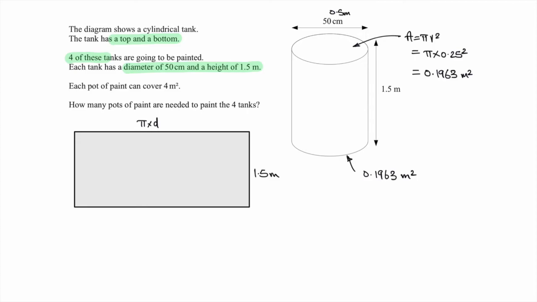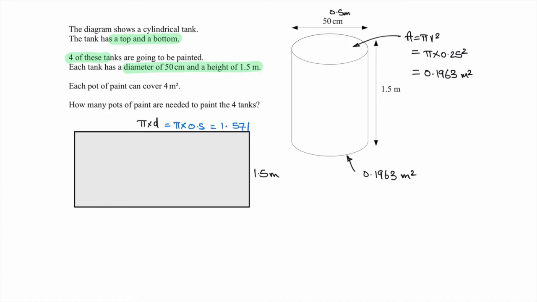So this is going to be pi times 0.5 meters, and I will quickly work that out to be 1.571571. Again, keep quite a few decimal places because you don't want to create rounding errors in your answers.